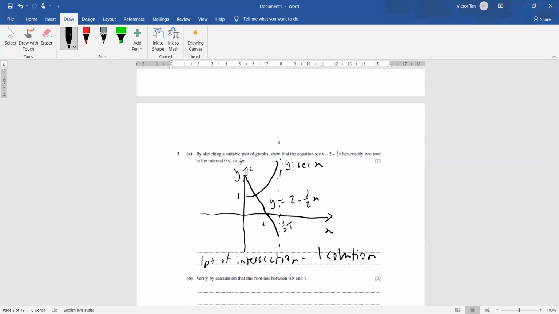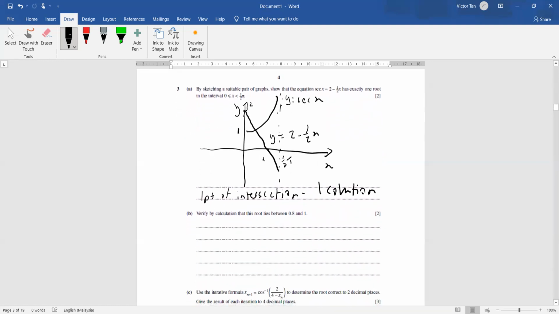Okay, verify by calculation that this root lies between 0.8 and 1. Now let f of x equal secant x minus 2 plus half x. So you have f of 0.8. Let's see what the answer is.